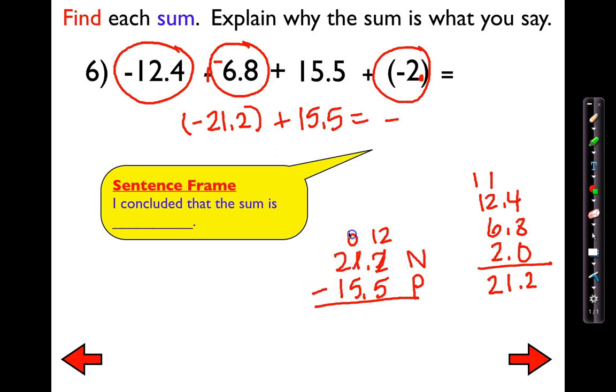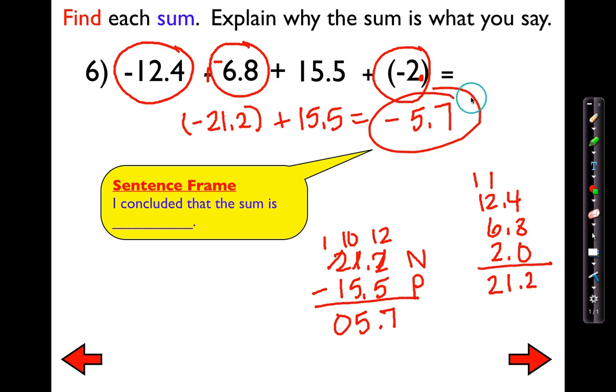It's going to turn into a 0. 12 minus 5 is 7. We can't do 0 minus 5, so let's borrow. 10 minus 5 is 5. 1 minus nothing is 0. So my answer is going to be -5 7/10. So to use my sentence frame, I'm going to say I concluded that the sum is -5 7/10.